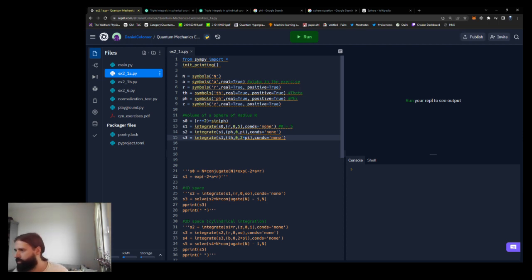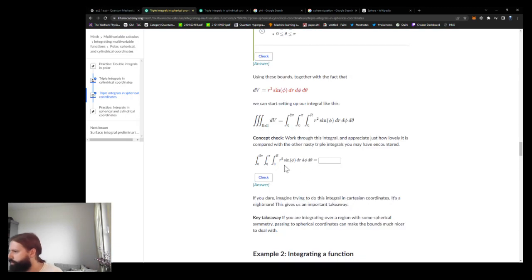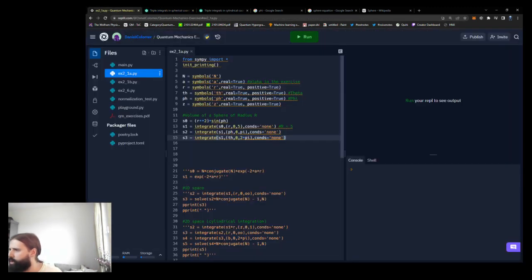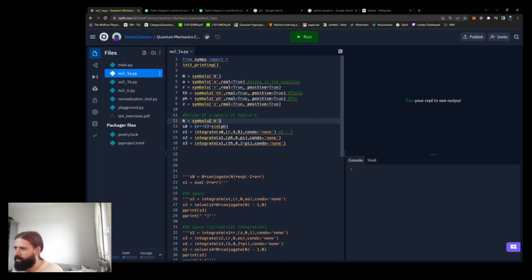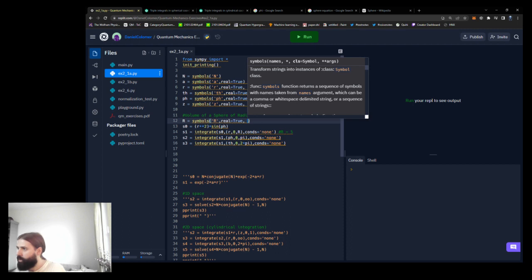Let's see. So, actually, let's keep these to R. Let's just define for the example a symbol R, which, we know that it's real, and we know that it's also positive.